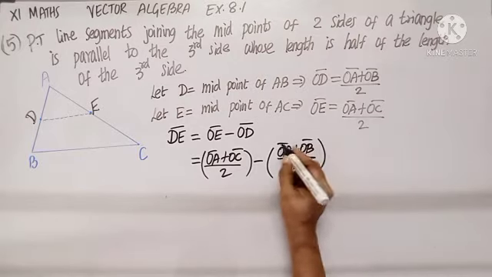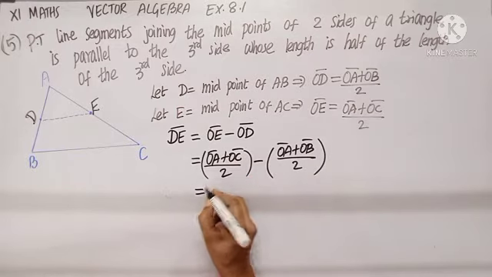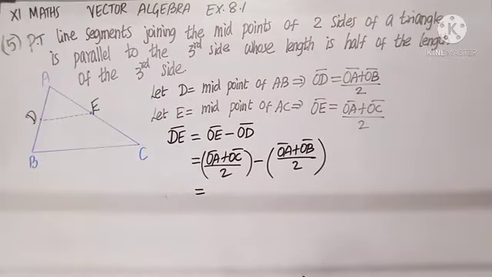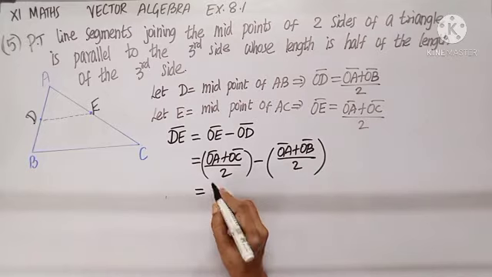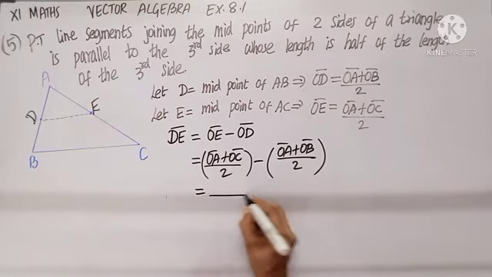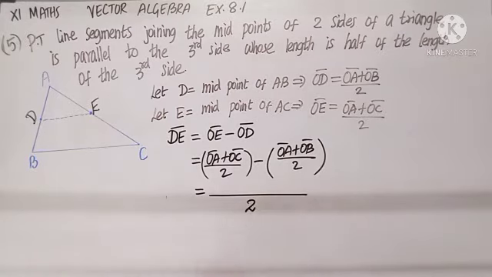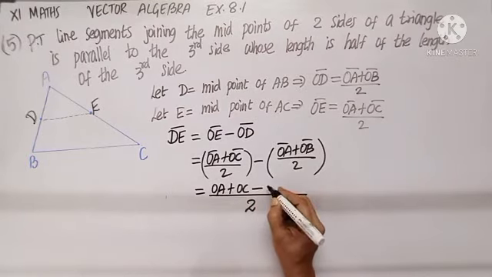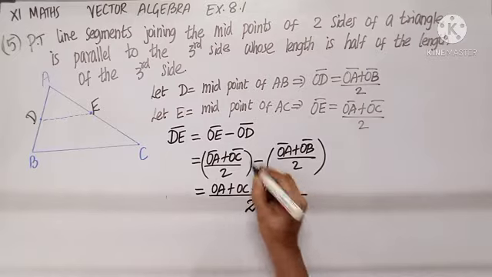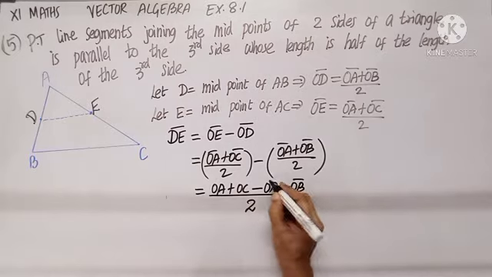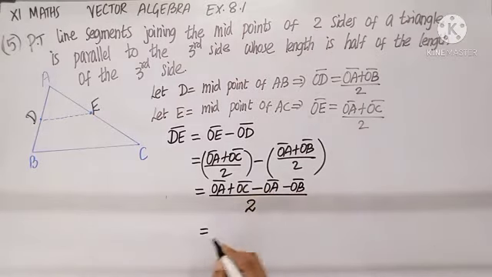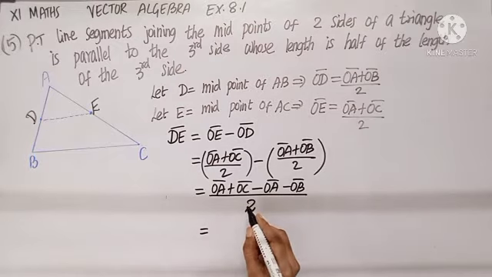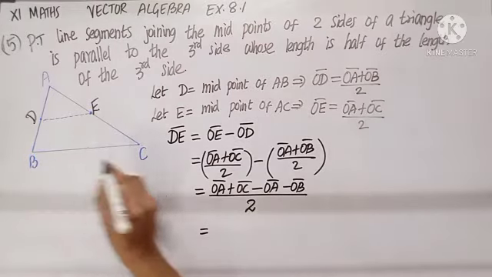Remember to put vector symbols as we are in the chapter Vector Algebra. Now I can rewrite this as 1 by 2 times OA plus OC minus OA minus OB.